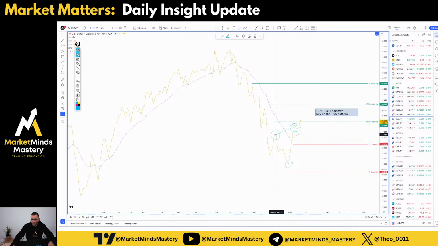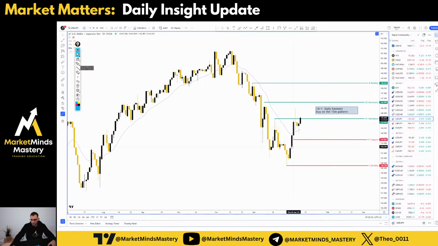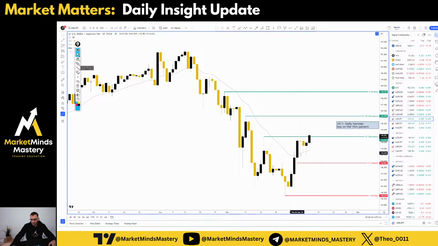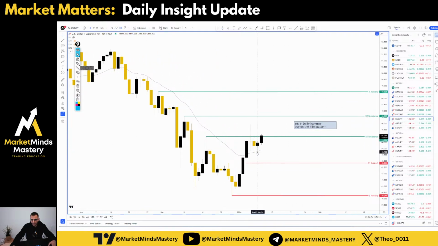so the market made a higher high, and why did we spot the opportunity on this particular area? For two reasons. First, the price made a higher high.